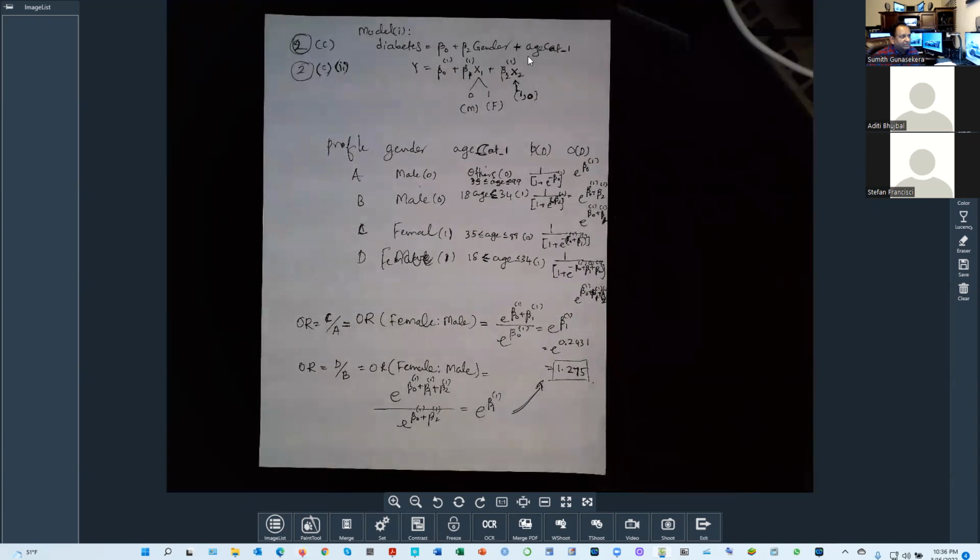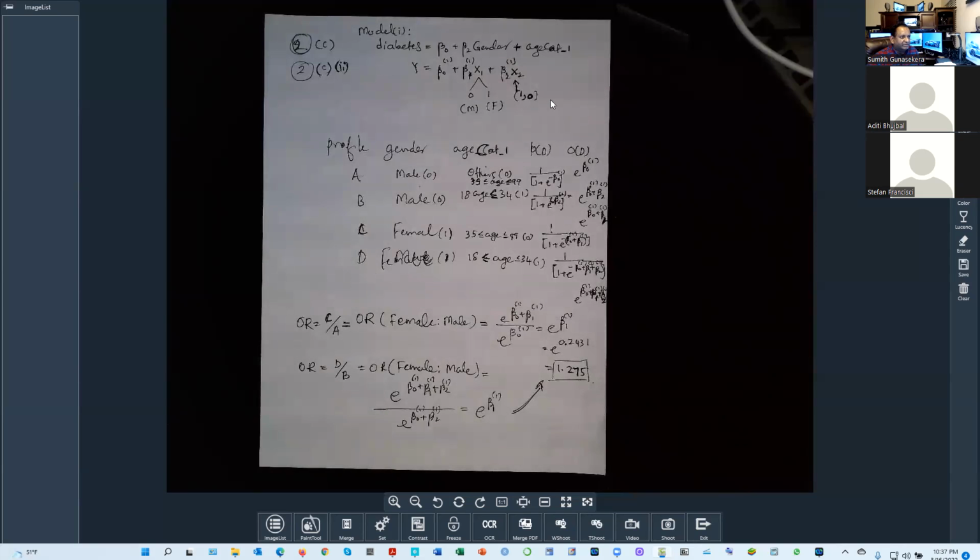This is how you're going to write it first: gender and age cat 1. This one is gender, you have male and female, 1 and 0. It's 1 only. Based on that, you can think about all the options, because if age cat is not 1, it should be others, who don't belong to this category.